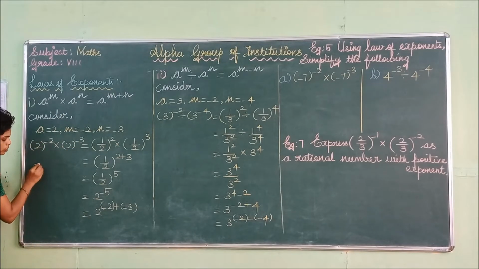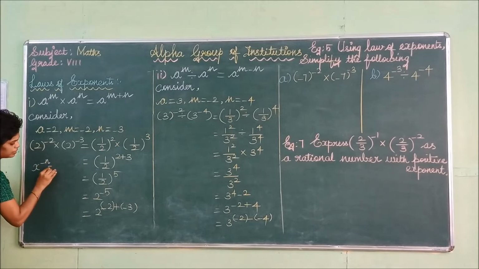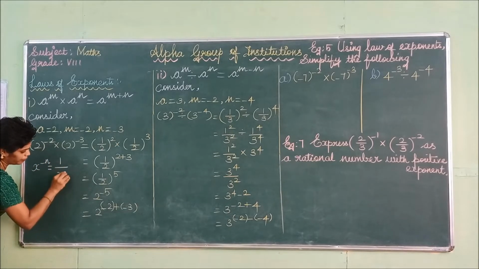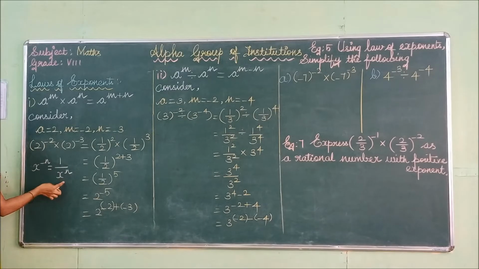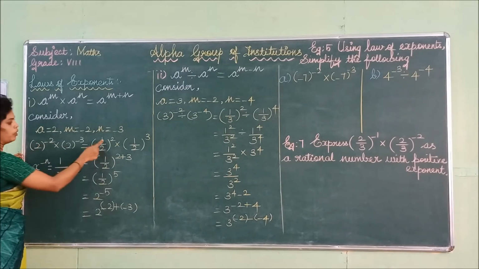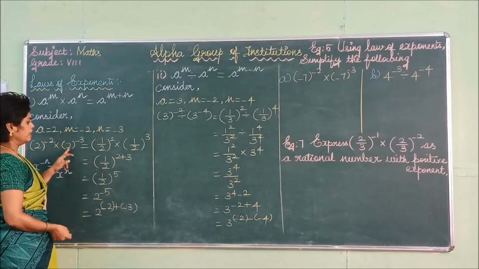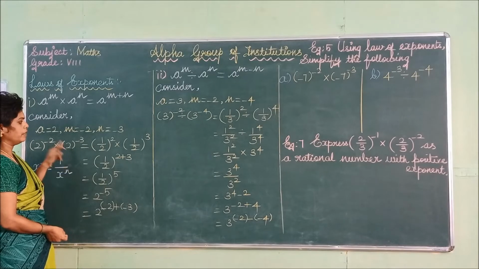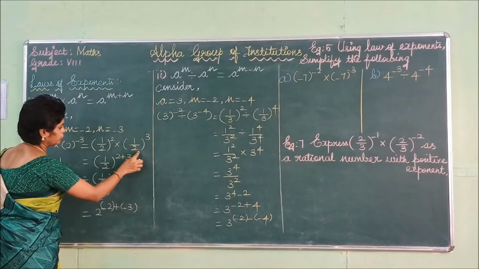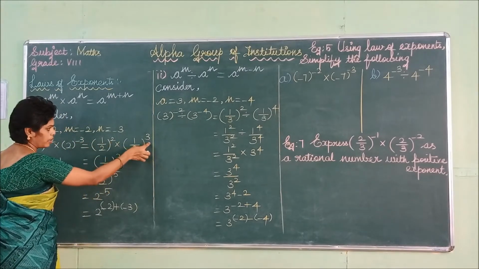So you know one rule: x power minus n means 1 divided by x power n. The negative becomes a division into a positive. So you can change and write 1 by 2 whole power 2, this negative 2 becomes a positive. Likewise, similar way, 2 power minus 3 can be represented as 1 by 2 whole power 3, this negative 3 becomes positive.